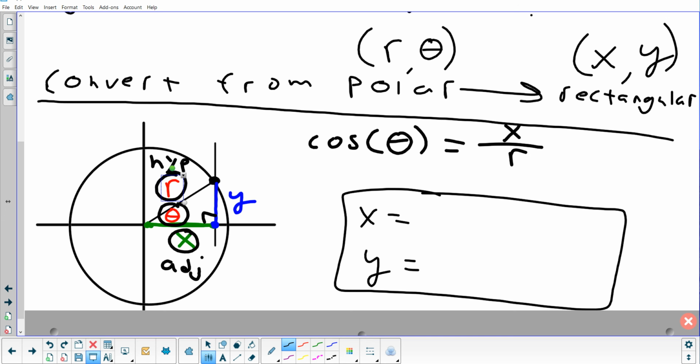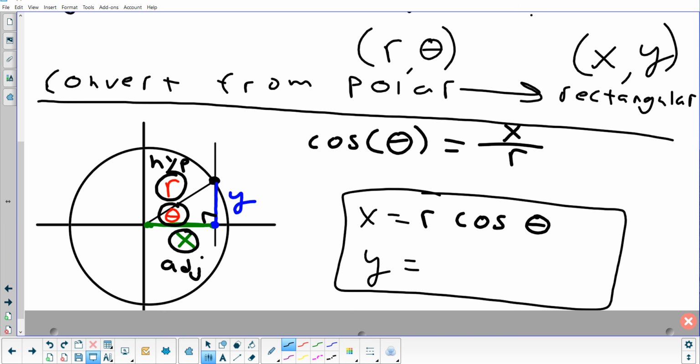If you solve that for x, get x by itself, can anybody tell me what would be right here? Yep, r cosine theta. There you go. That is the formula to calculate the x value of a rectangular coordinate from the polar.